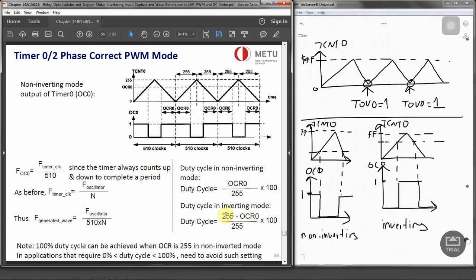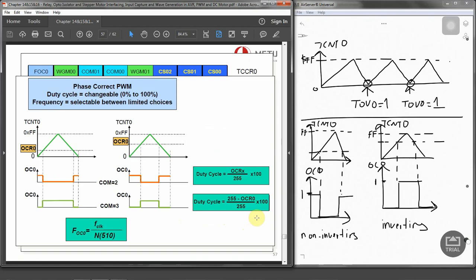And for the inverting mode, it's 255 minus OCR0. And that's the only difference between fast PWM and the phase correct PWM. And like we have done with the figures over here, this just shows how we are interpreting the inverting and non-inverting modes with the OCR values set or clear the signal on OC0.